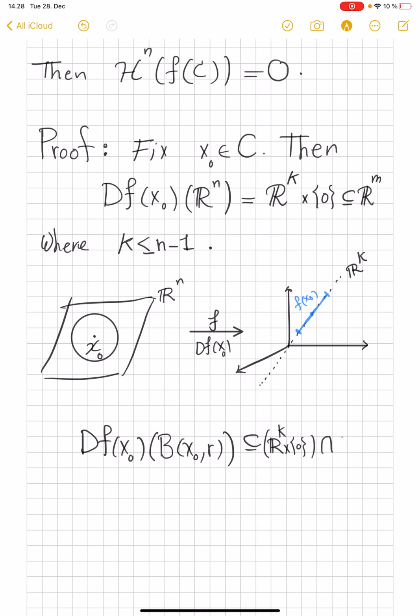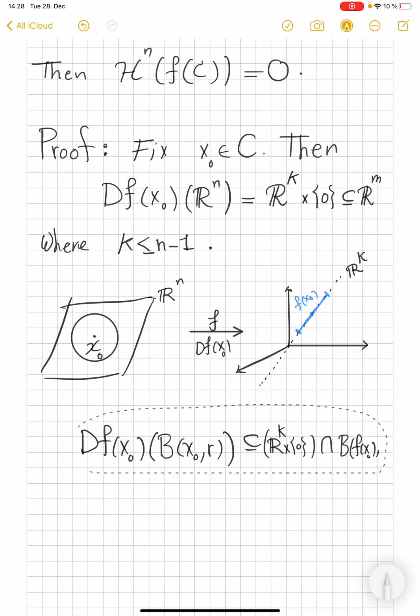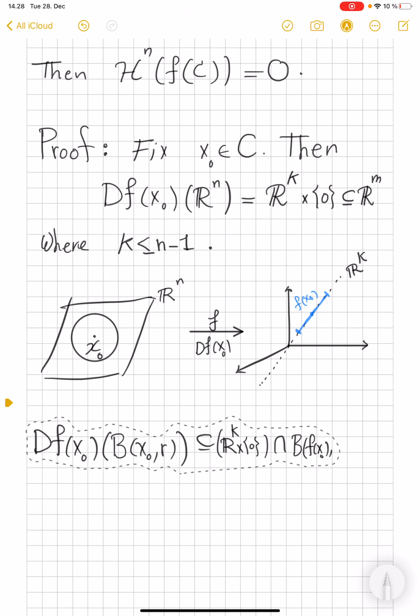intersected with a ball centered at f x0, and I claim that the radius will be no bigger than Lipschitz f times r. We know that the directional derivatives, for example, by definition, will never be larger than Lipschitz of f times distance of x from y.